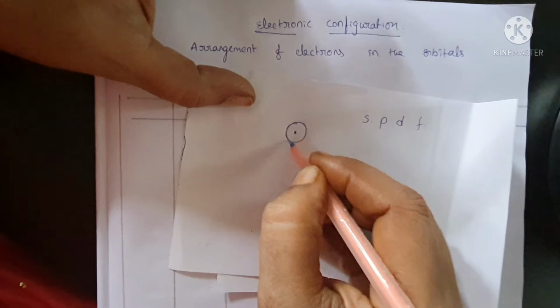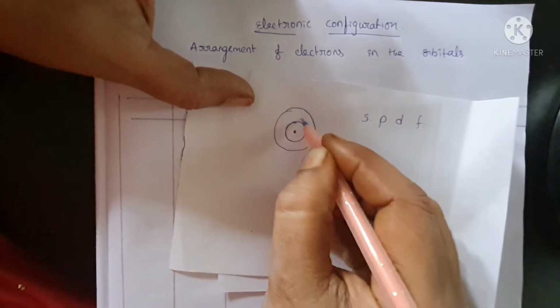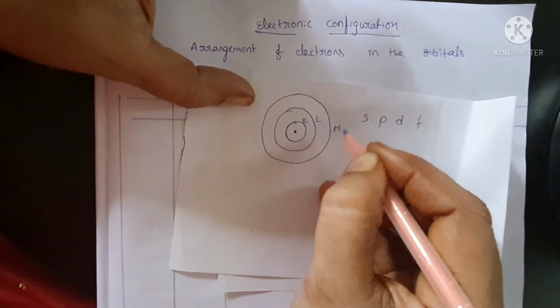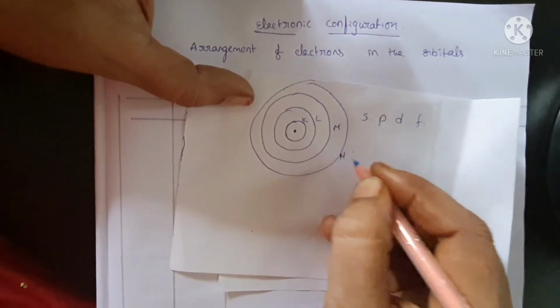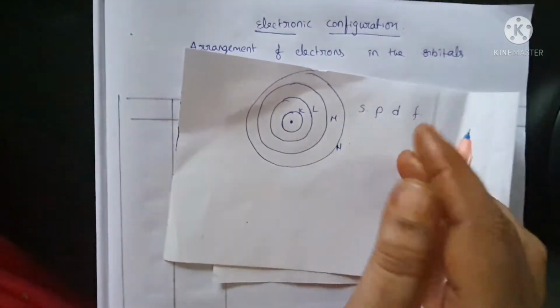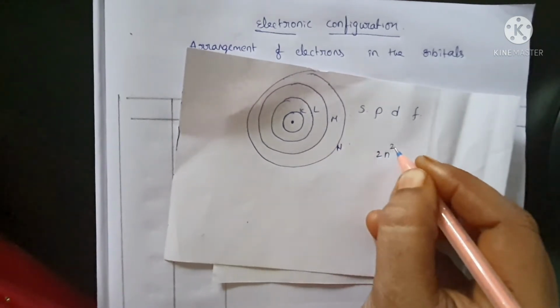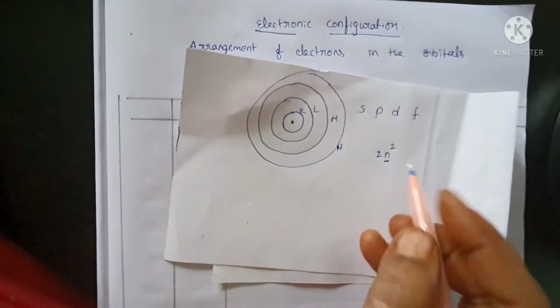We already know about the shells. What are those shells? K, L, M and N. The basic principle for the arrangement of electrons is 2n square.